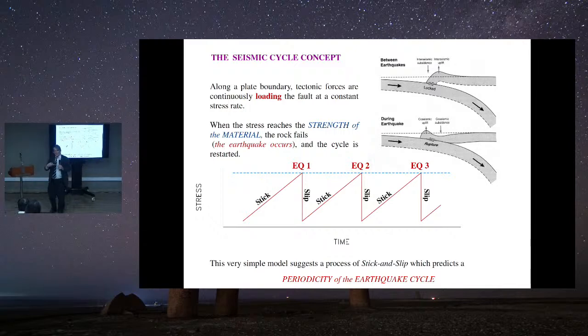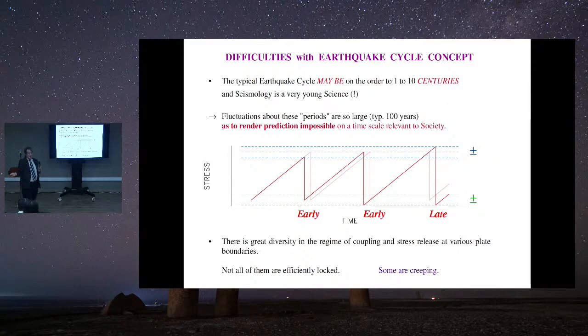So you have a concept of a periodicity, in quotes. There should be some kind of periodicity of the earthquake cycle. That's very good, but as always in physics, you have some kind of error bars, uncertainties. It loads up to a certain point, and the point at which it ruptures, you have a plus or minus error there. You cannot tell. This is going to be more or less random.